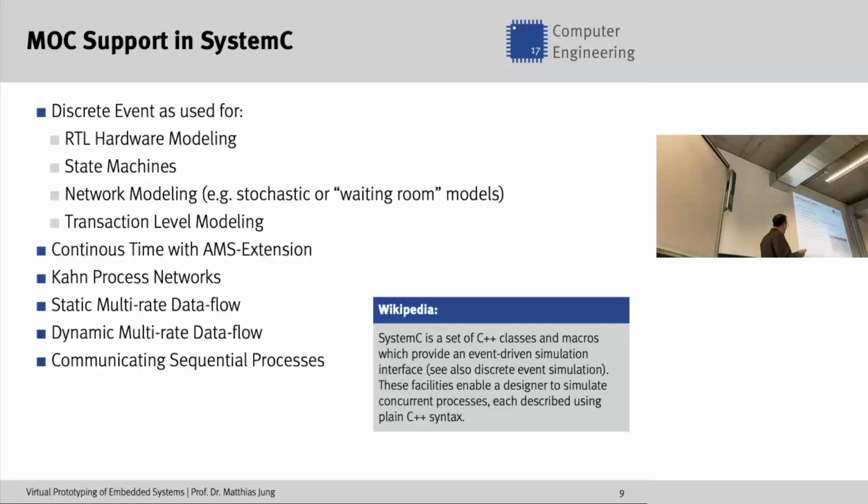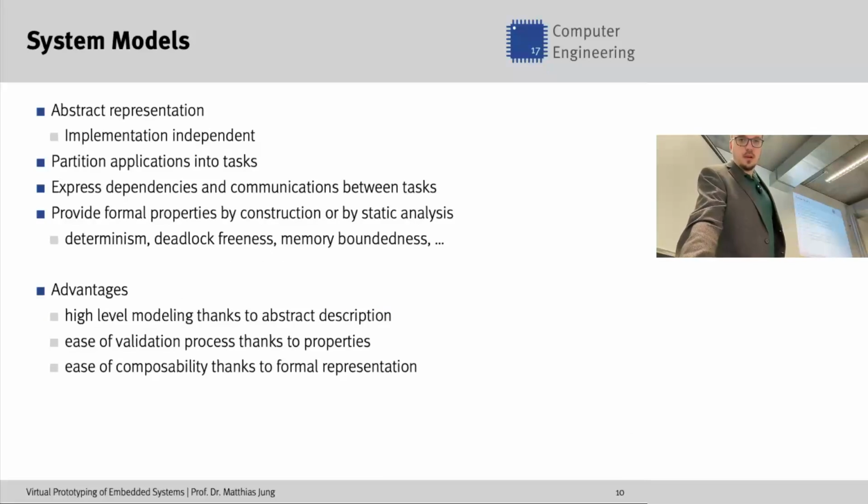Dynamic multi-rate data flow, communicating sequential processes. So you can even model software with System C, which is sometimes helpful. You can model Petri nets. That will also be part of the exercise, and many more. So with System C, you can basically model all these models of computation if you want.